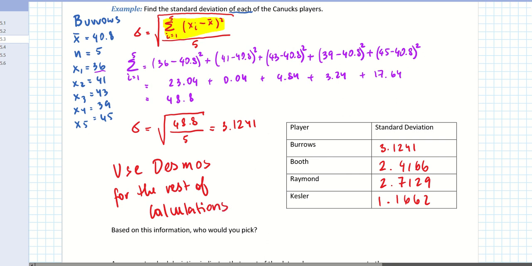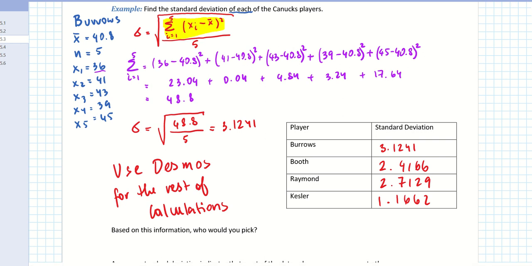So based on what we know now, we know the standard deviation for each player. So again, standard deviation measures the spread of data compared to the average. If you look at all of these values, Kessler has the lowest standard deviation of 1.1, whereas Burrows has the highest standard deviation. So the higher the deviation, the more spread out the values are.